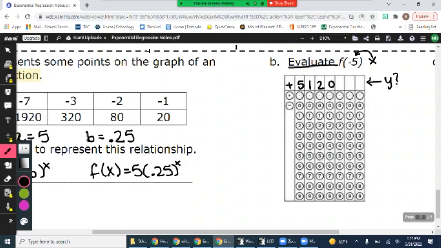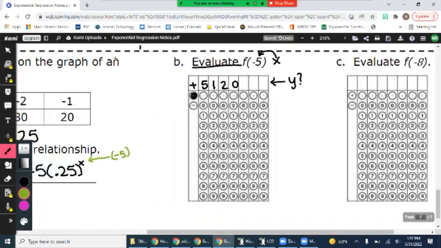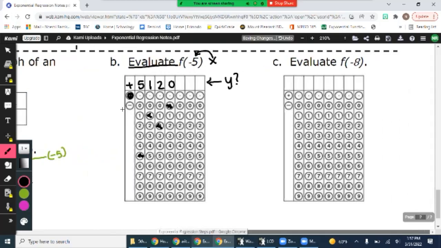5,120. You can use second window, second graph, or you can plug a -5 in for your X. Two different ways, because I already had somebody who preferred plugging it in and didn't understand second window, second graph. So either way works. -8 is also in the same spot as X. So you can plug it in, or you can use second window, second graph.